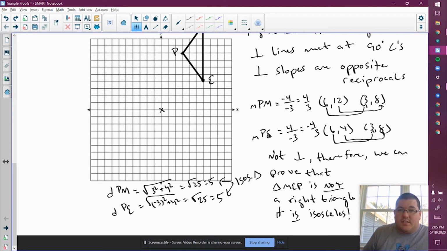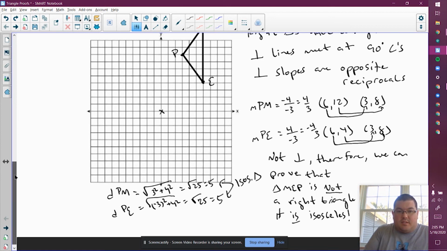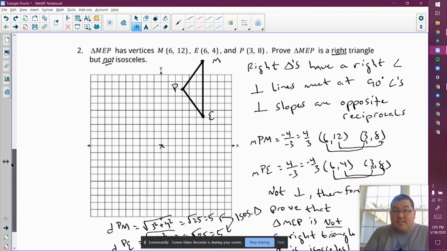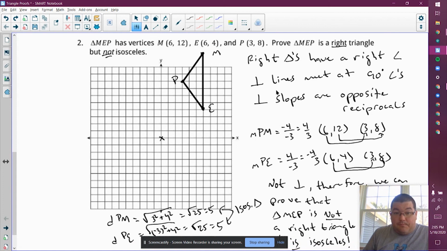So in some instances, what we're going to find through going through and completing these proofs is that the information we thought we were looking for is actually not going to be the case, but in fact, the opposite is true. But utilizing these skills of understanding slope and understanding the distance formula, we can prove these things to ourselves.